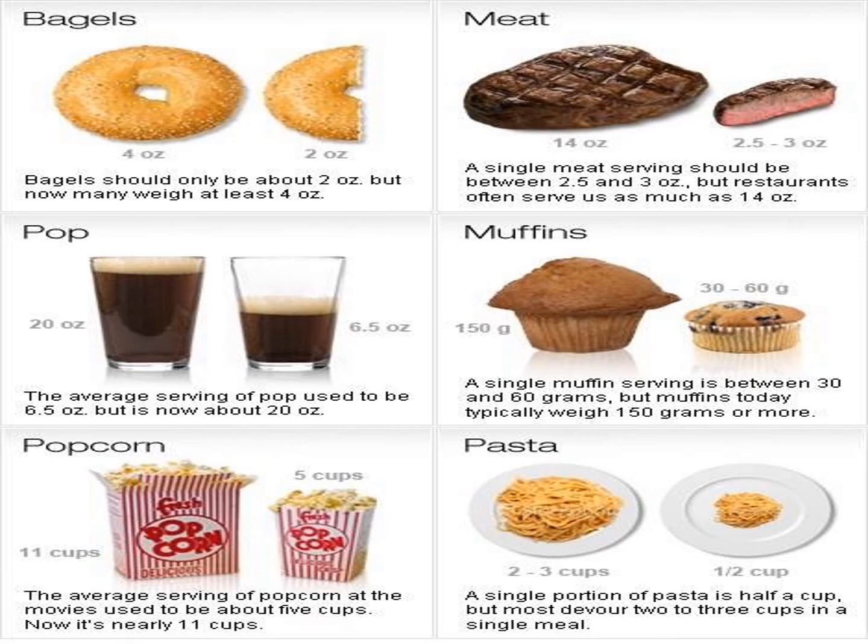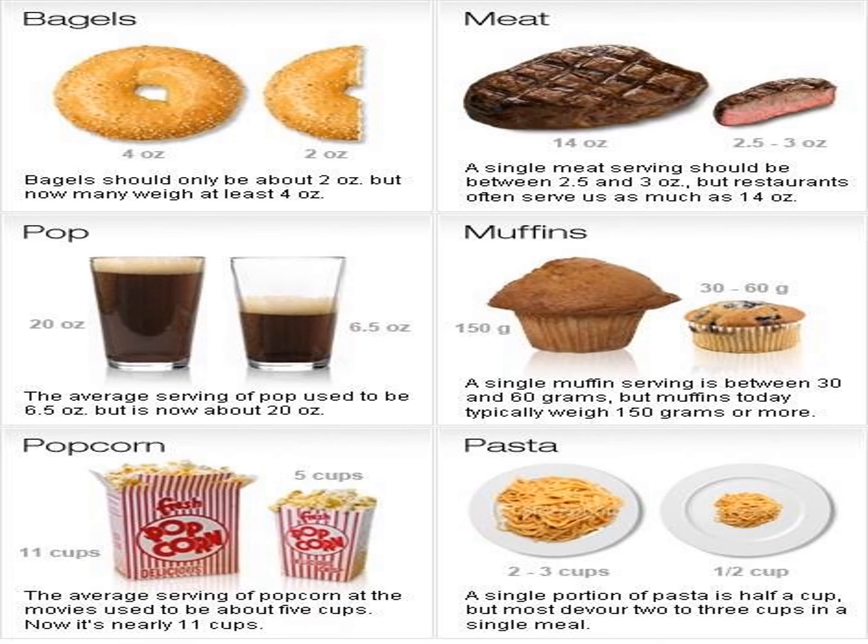But today, most bagels are 4 ounces, and some are even bigger than that. 4 ounces is twice the actual serving size of bagels. When it comes to meat, a single meat serving should be between 2.5 and 3 ounces, but restaurants often serve today up to 14 ounces, which is 5 times the appropriate serving size.